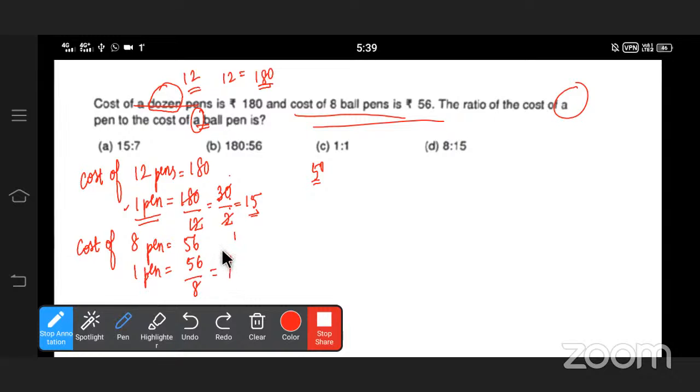So they are asking about the ratio. So ratio means the cost of 1 pen is 15, ratio means is to the cost of a ball pen. 1 ball pen is 7. You understand? Yes, ma'am.